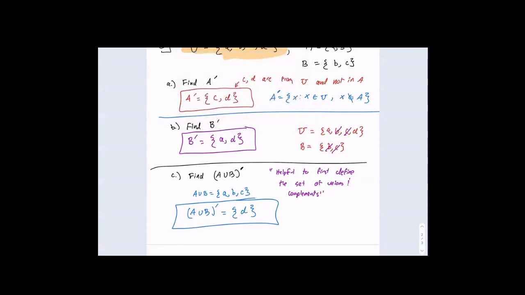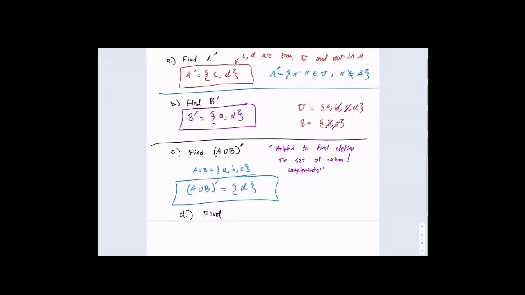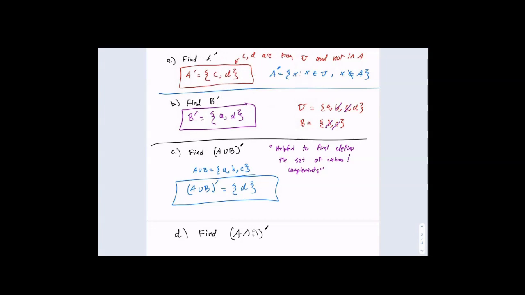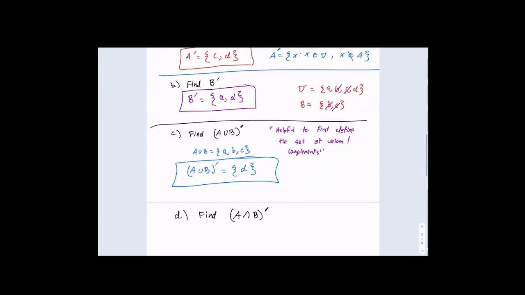D, find A intersection B prime, the complement of A intersect B. I'll do it on the next page.